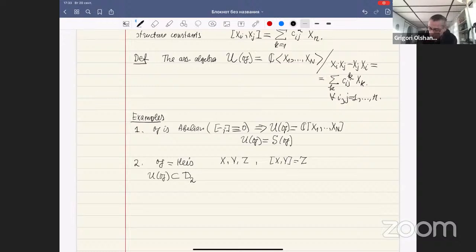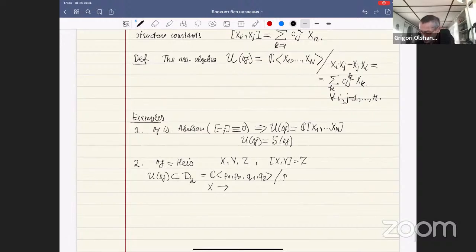And this is done as follows. I recall that this is the algebra generated by P1, P2, Q1, Q2, modulo the relations that P1 and P2 commute, Q1 and Q2 also commute, and we have the quantum mechanical commutation relations.